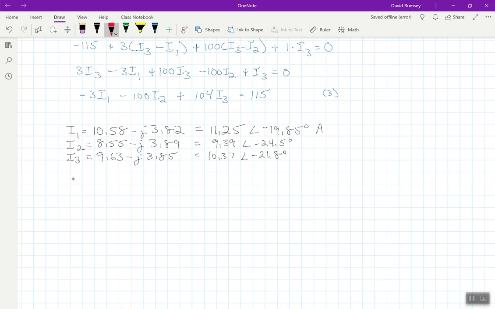So let's first go ahead and look at the power for the 20 plus J10 load. That's a pretty easy one for us to do because we know that the current through that load is simply I3.